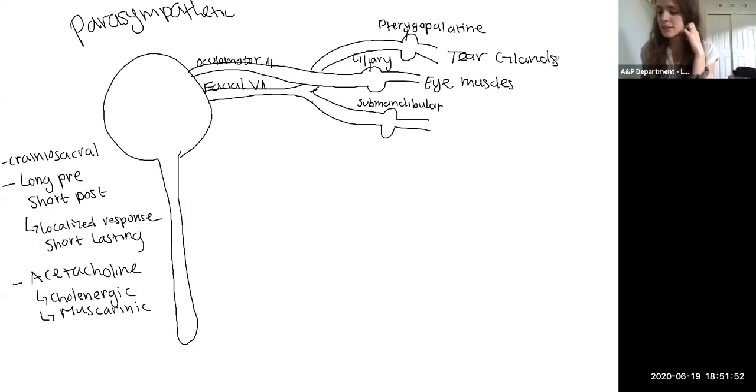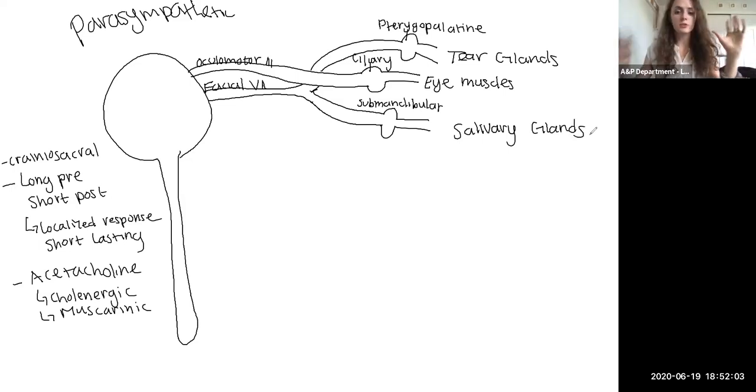Okay, your submandibular innervates your salivary glands. Again, you're going to be secreting all over the place. So think of parasympathetic as you're just like seeping from all of your orifices. Okay, so your eyes are watering, your mouth is watering because of your facial nerve.